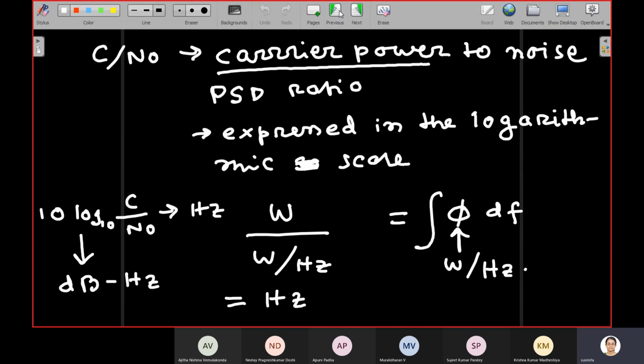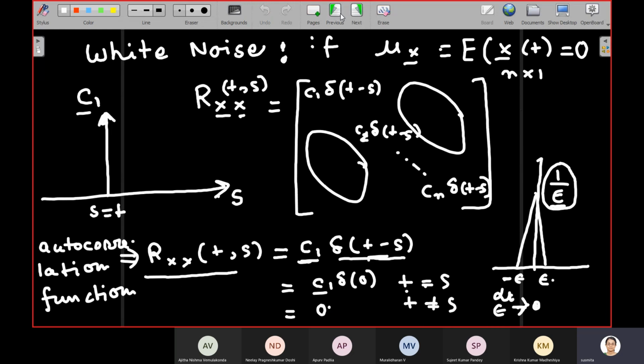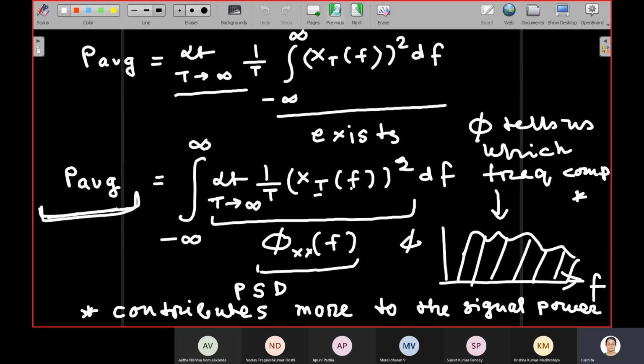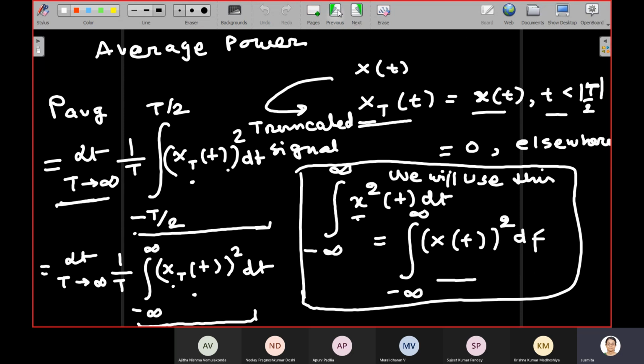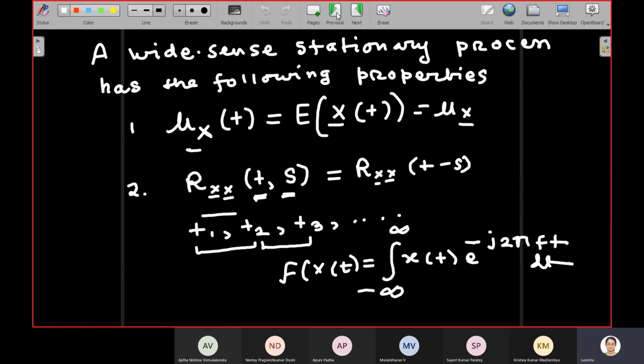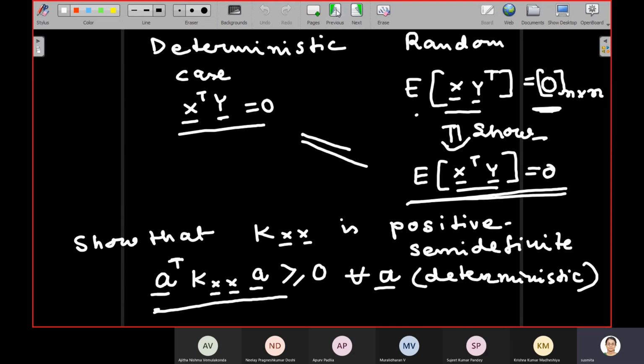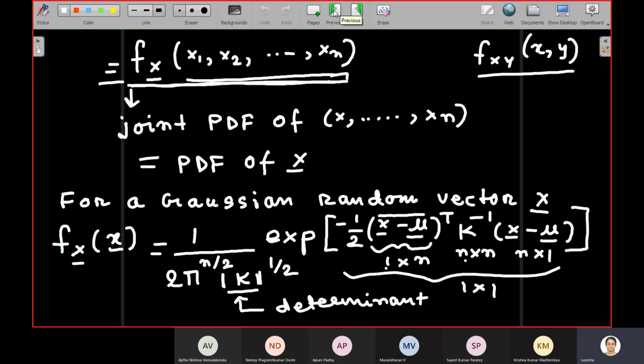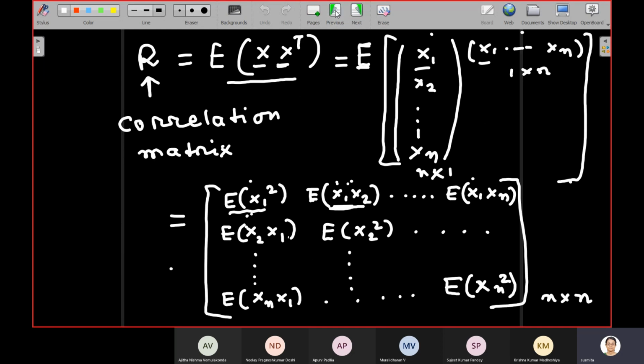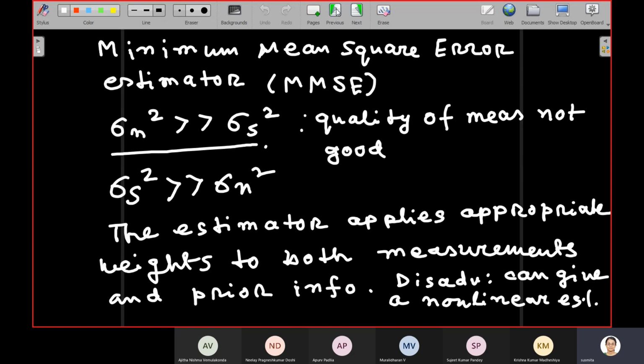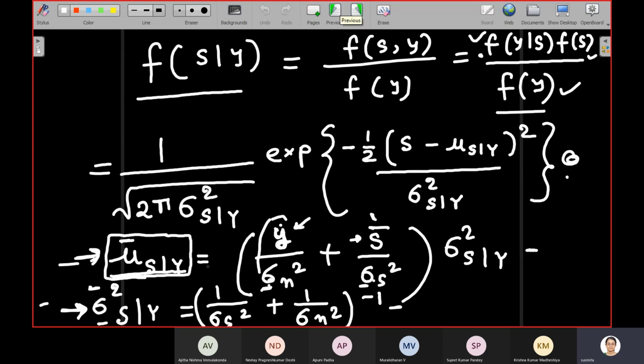Last week we discussed a simple example using the PDF. In that example also we found that the estimate is nothing but the conditional mean, because we calculated the conditional density and then we found the mean and variance, the conditional mean and conditional variance.